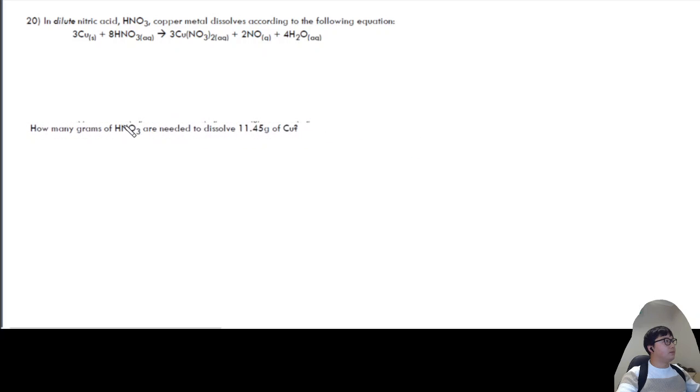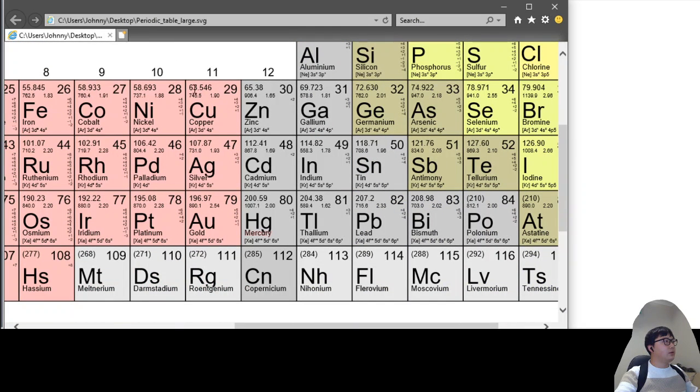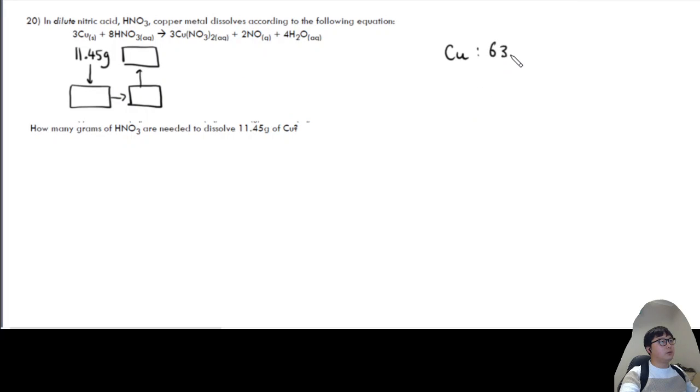That's the question. So you have 11.45 gram. So you go there, and there, and there. Okay. So copper molar mass is Cu right there, 63.546.